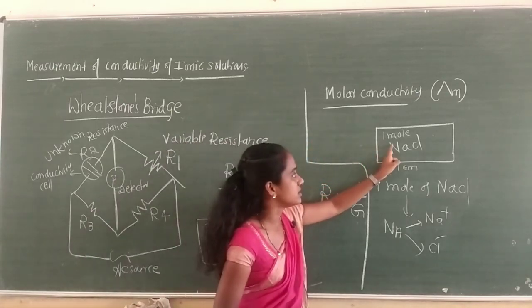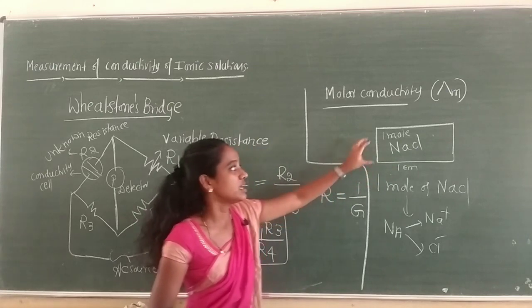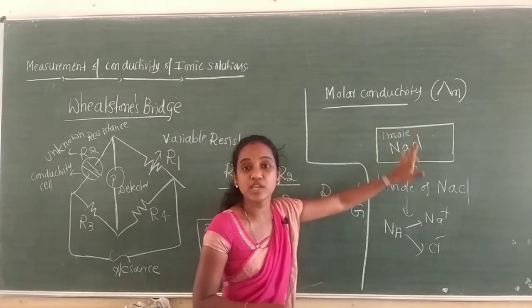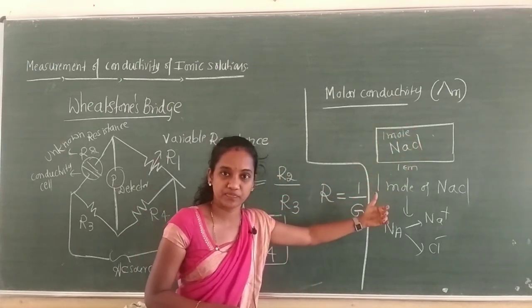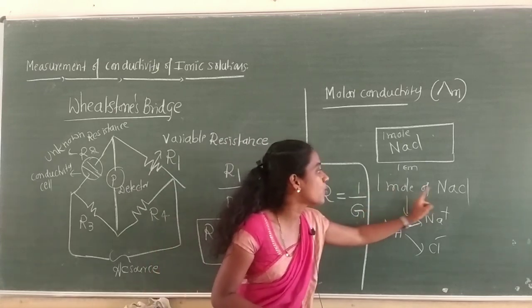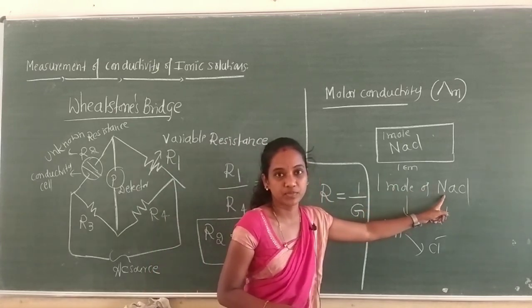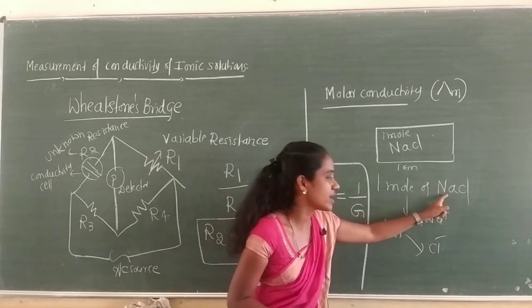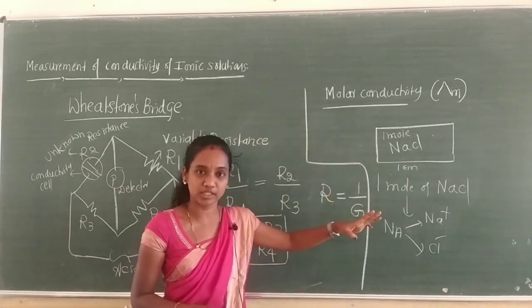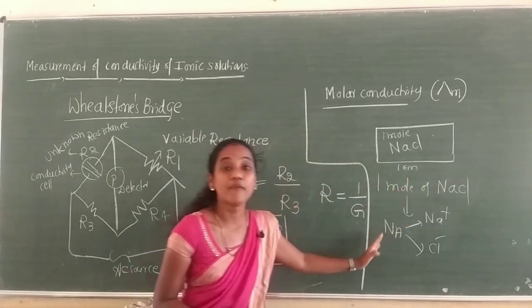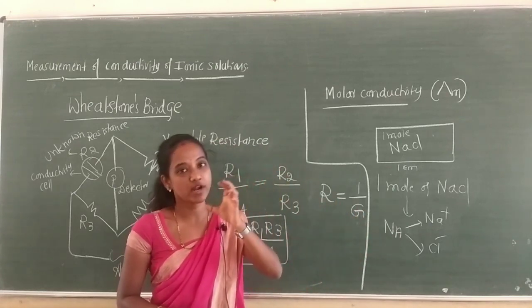In case of molar conductivity, it is the conductivity of the ions which are produced from 1 mole of electrolyte. If you take 1 mole of sodium chloride or 1 mole of any other electrolyte, it produces Avogadro number of corresponding ions.